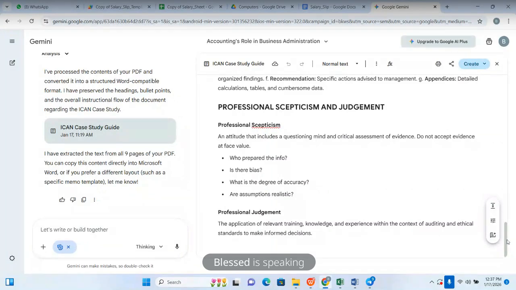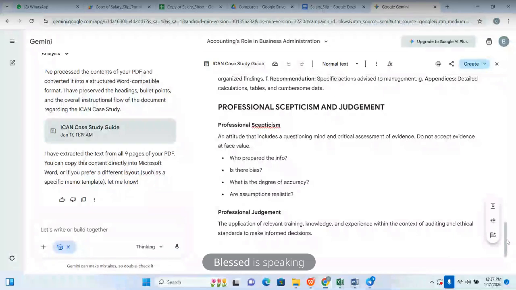As we move further, maybe next class we should solve a question and see how it will look. So, who prepared the information? Is there bias? What is the degree of accuracy? Are the assumptions realistic? Those are the questions we must keep asking ourselves as we read the data.